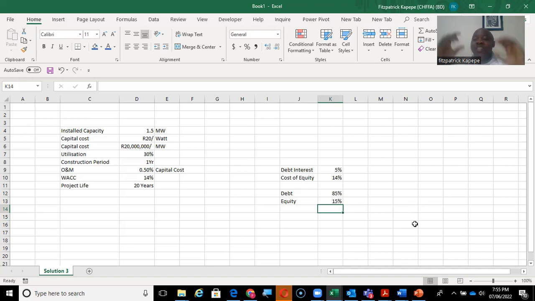But then we want to find the WACC. The WACC ideally is the cost of capital, the cost of sourcing that fund, which is a combination of equity and debt. So how do you get this particular WACC? For example, if you had 100 here, this is 85 million, and this is 15 million rands.